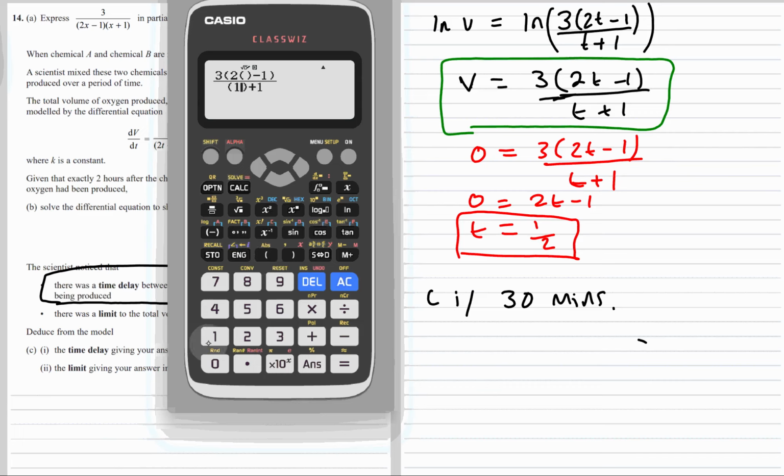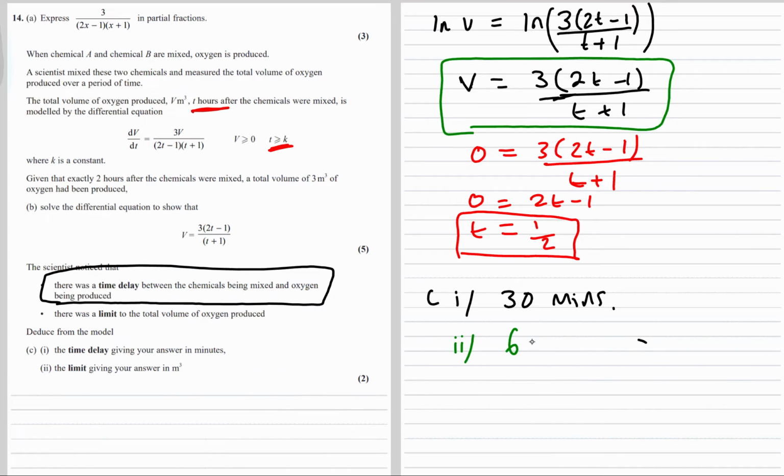So if I put in 100, what do I get out? I get 5.91. If I put in 1,000, 5.99, and it's going to keep getting closer to 6. So 6 is the limit, and the units, meters cubed.